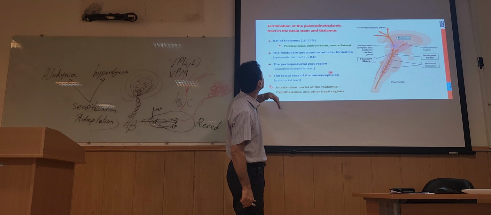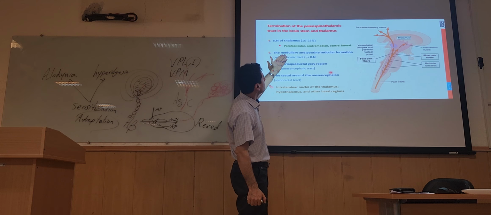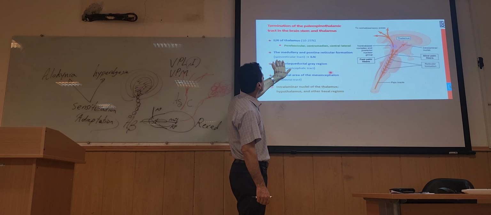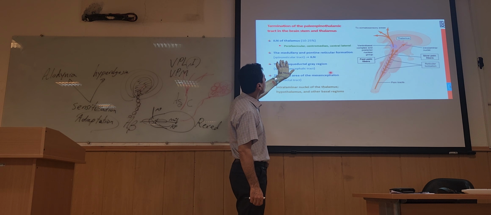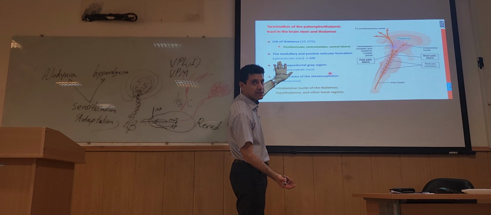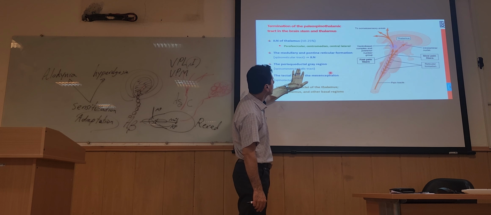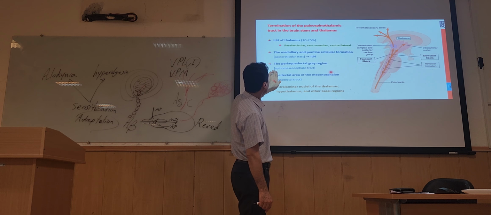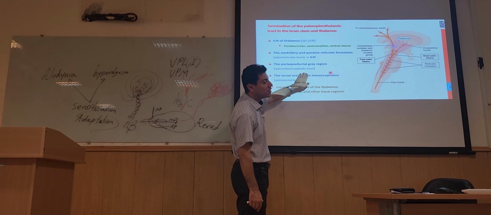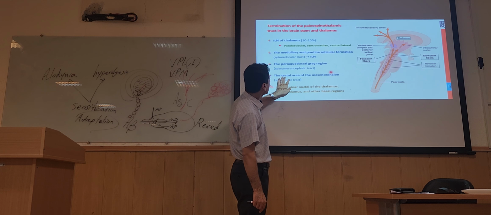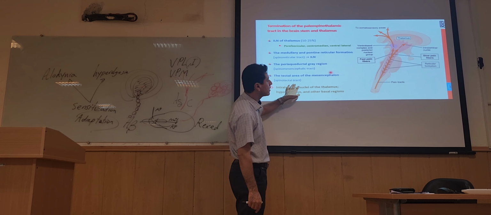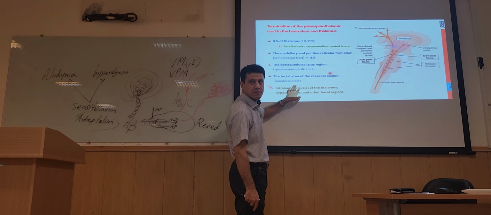But most of the fibers go to the reticular formation of the medulla and pons. We call this part the spinoreticular tract, part of the paleospinothalamic tract. Other fibers go to the periaqueductal gray region, PAG. We call it the spinomesencephalic tract. Tectal areas, spinotectal tract.